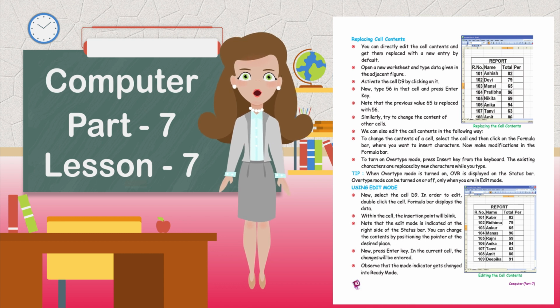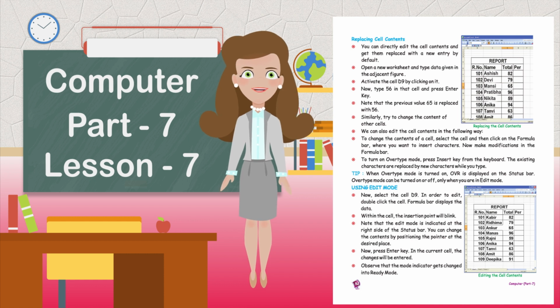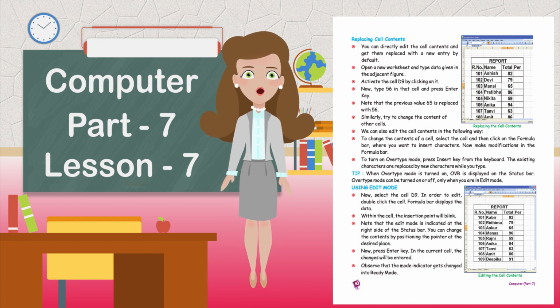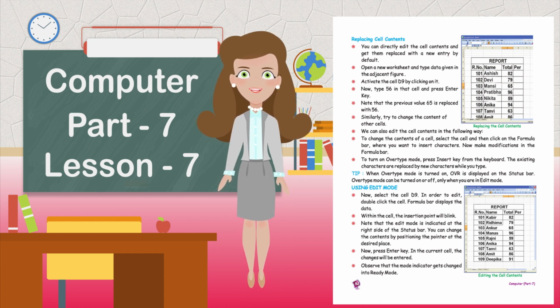Using edit mode. Now select the cell D9 in order to edit. Double click the cell. The formula bar displays the data. Within the cell, the insertion point will blink. Note that the edit mode is indicated at the right side of the status bar.